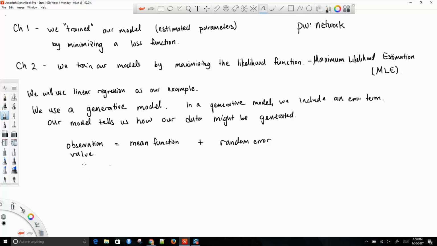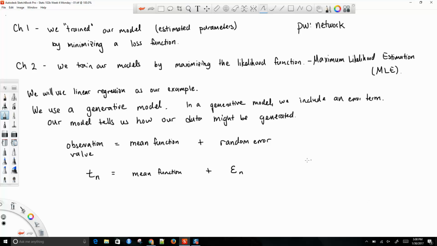And so in our case, we might say some observation, t sub n, our observed value, could be equal to the mean function again, plus e sub n, or epsilon sub n.